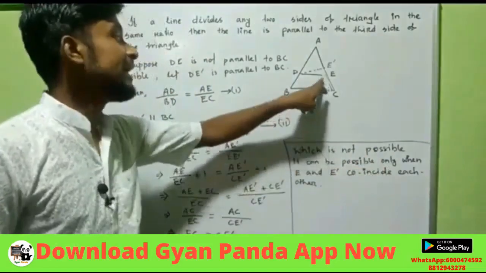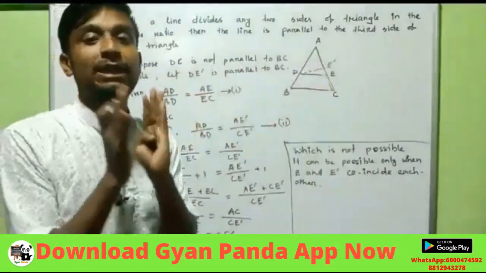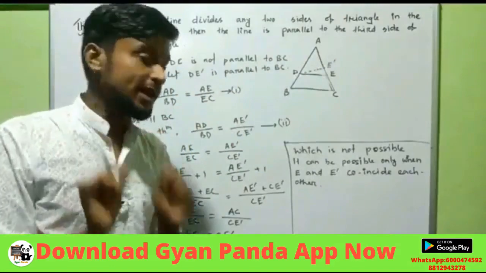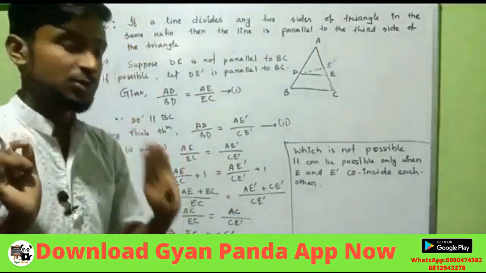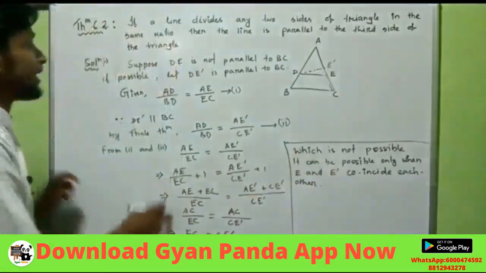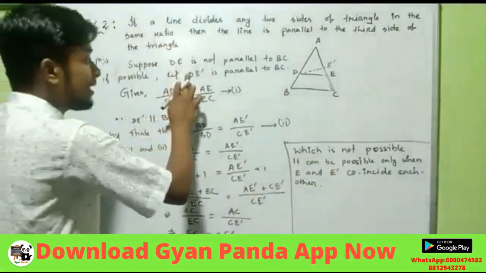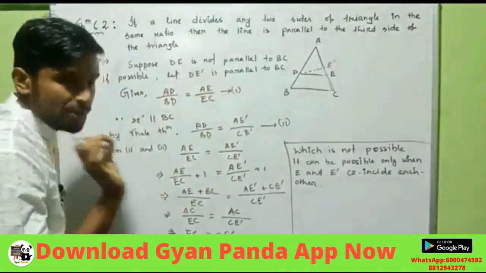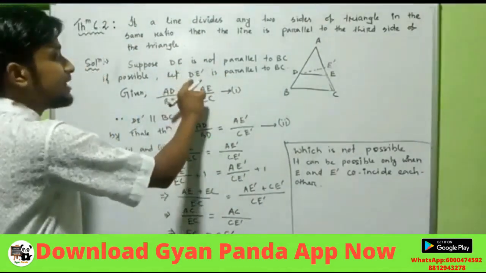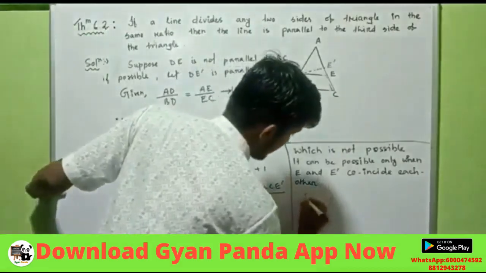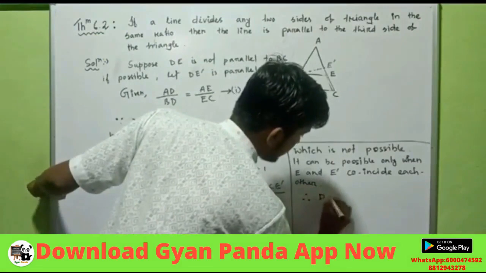That means if E and E dash are two different points, then this thing will not be possible. So if E and E dash are the same point, then we can say that DE dash is parallel to BC as we had assumed, so we can say DE is parallel to BC. Therefore we can say what?